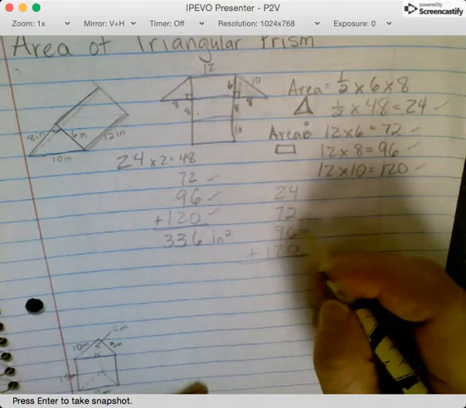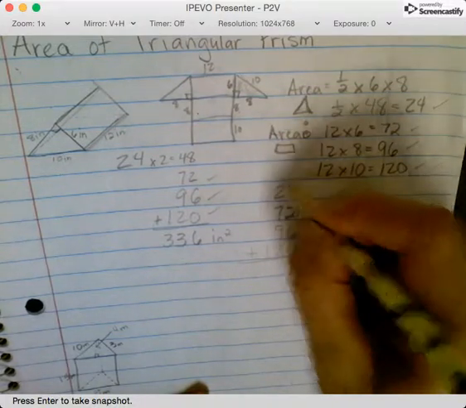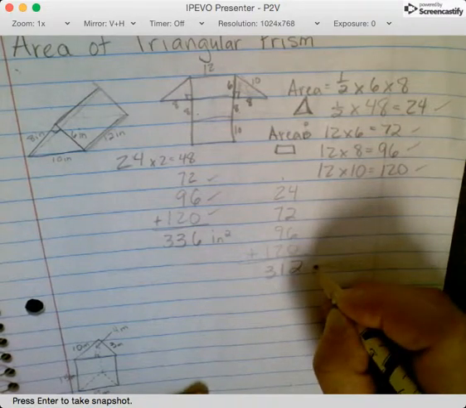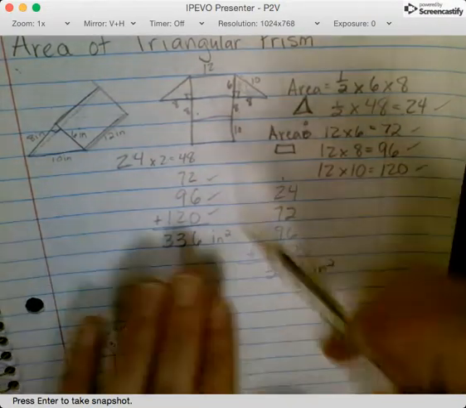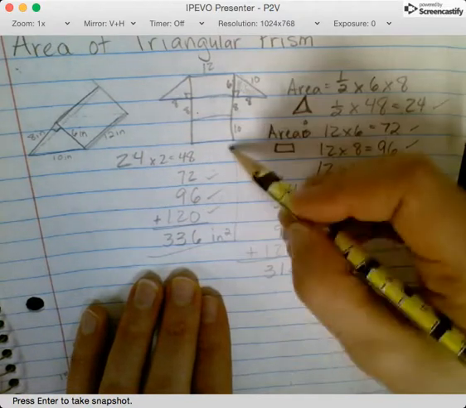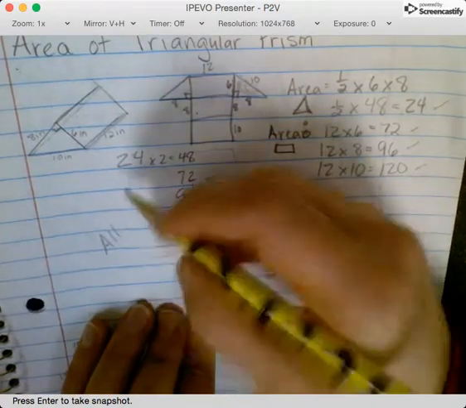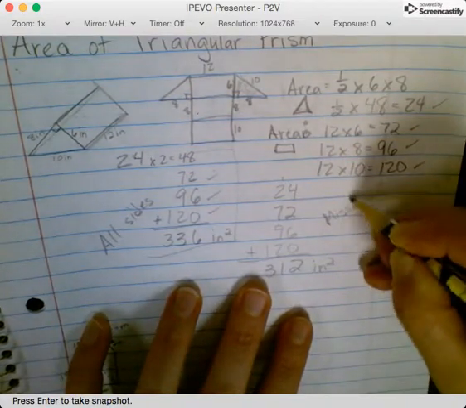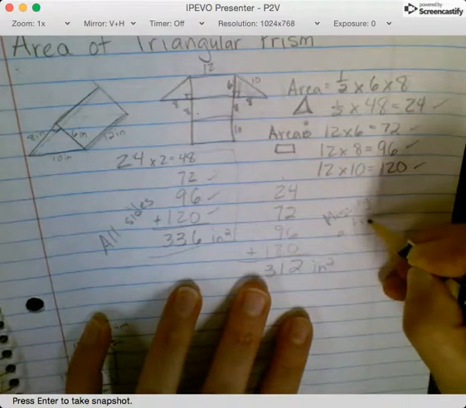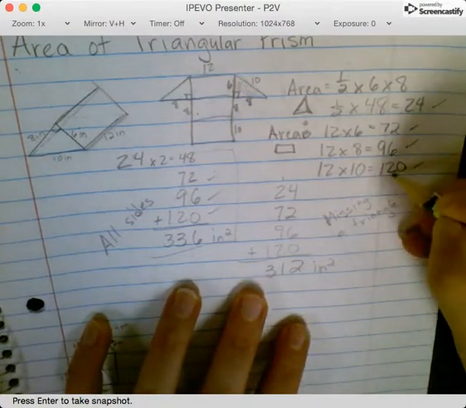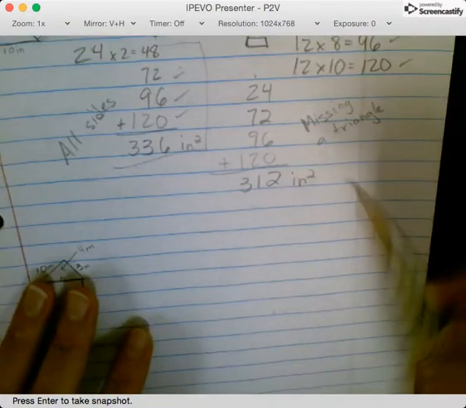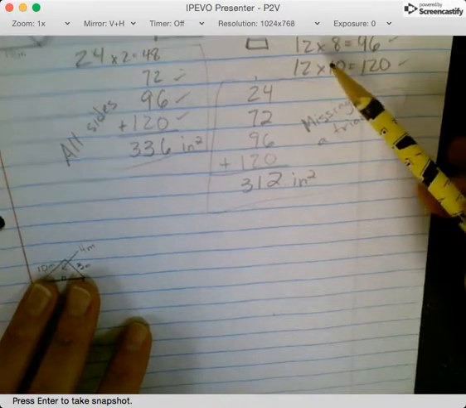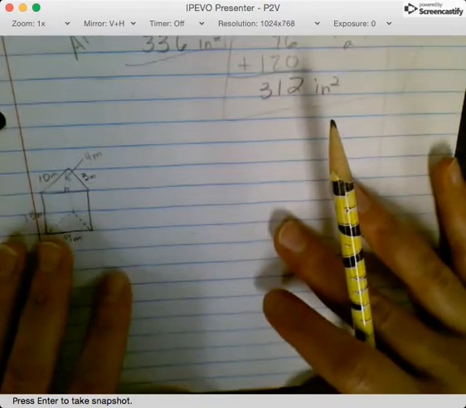And if I did that, then I would get 312 inches squared. Okay, so this is with all of them, and this one is missing a triangle, so I have an open side. I just wanted to make sure you knew how to do that both ways. Now, if I was missing one of the rectangles, I would actually leave one of these numbers out. It just depends on what your picture is showing.